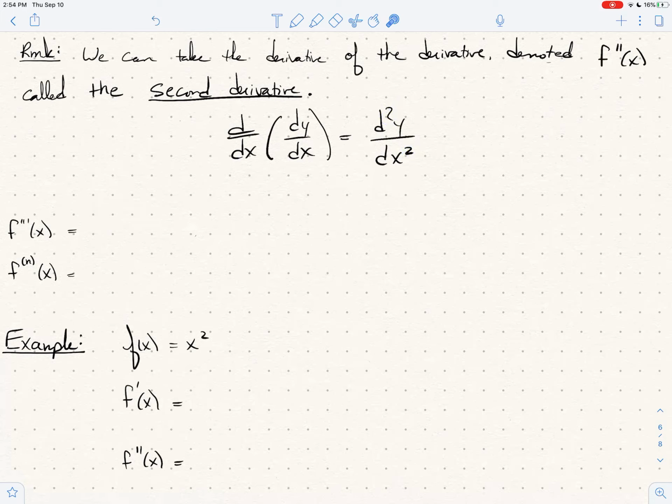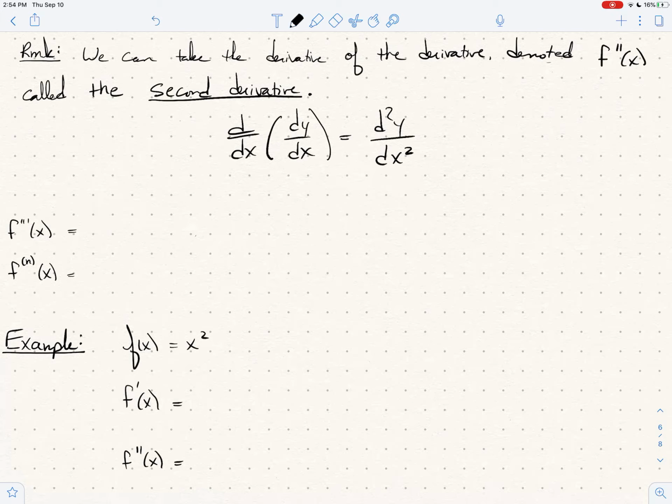All right, so we could take the third derivative and we could do f triple prime, or the fourth derivative, or the fifth derivative. The problem is if you want to do the 10th derivative, it sort of gets a little bit hard to write, like 1, 2, 3, 4, 5, 6, 7, 8, 9, 10, and then everybody else has to count those. It's not the best notation. And so in general, we're going to use the notation f not just to the n, but f to the n with a parenthesis to indicate the nth derivative.